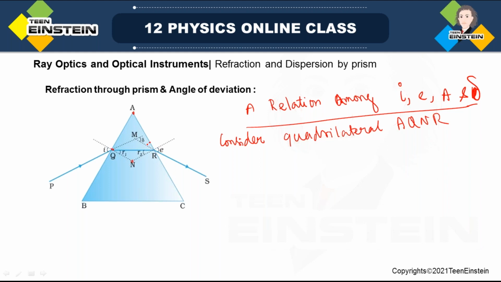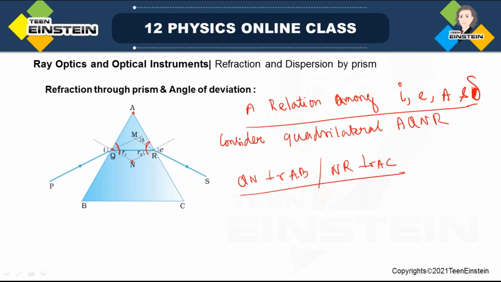So look, this angle is 90 degrees. Again, this angle is also 90 degrees, because QN is perpendicular to AB, and NR is perpendicular to AC.